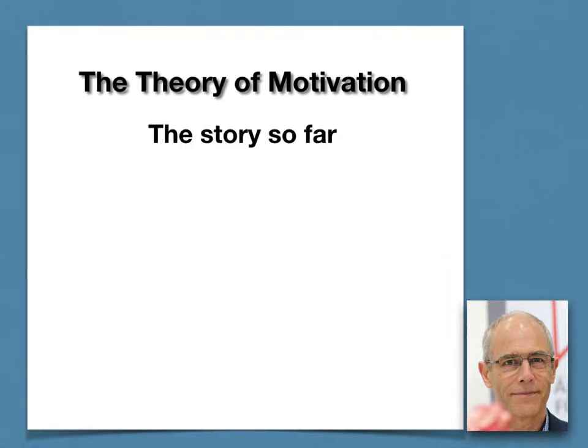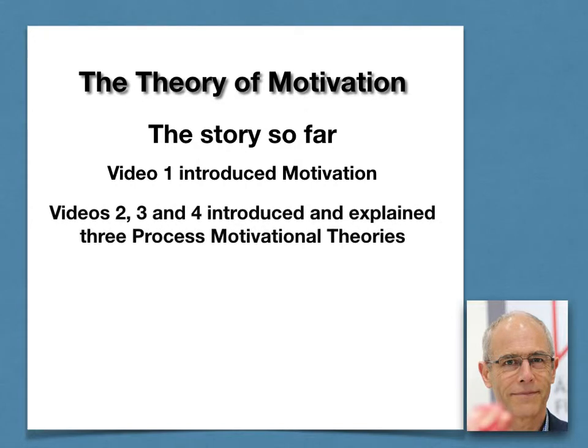In our first video of this series on motivation, we introduced what is meant by motivation and the types of motivation theory. The remainder of this video series is split into two main groups of theory, process and content theories. In videos 2, 3 and 4, we introduced and explained three process motivational theories: Vroom's expectancy theory, Adams' equity theory, and Locke's goal-setting theory.